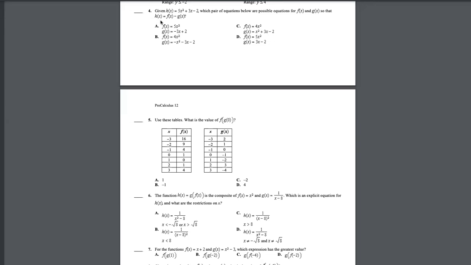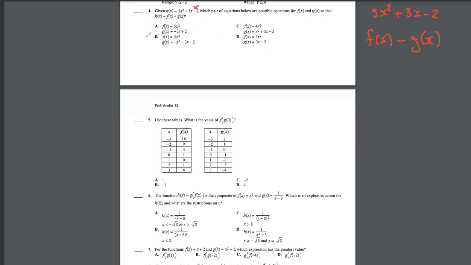So for 4, all of you reported A was the right answer. Now, if you do f of x minus g of x, f of x here from A is 5x squared. So f of x minus g of x, and they want that to give you 5x squared plus 3x minus 2, which is this one right here.